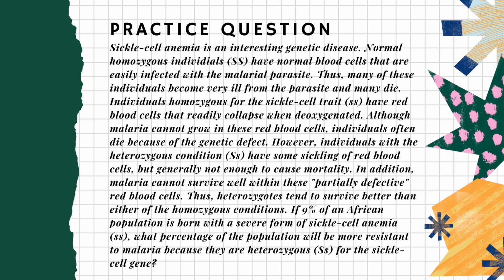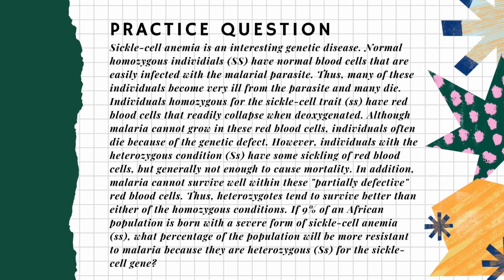Sickle cell anemia is an interesting genetic disorder. Normal homozygous individuals, or capital S, have normal blood cells that are easily infected with the malarial parasite. Thus, many of these individuals will become very ill from the parasite, and many die. Individuals homozygous for the sickle cell trait, or lowercase s, have red blood cells that readily collapse when deoxygenated.